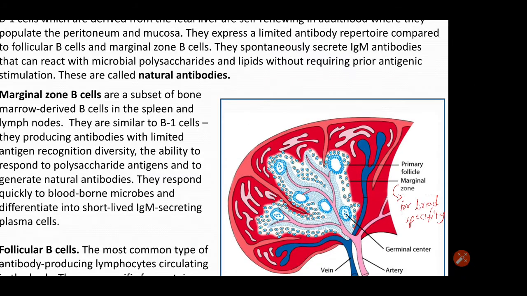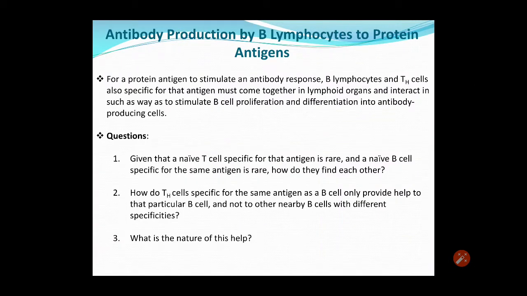Now, so as I said, for B cells, you need T cell help. But now we have a problem in the body, because remember, when a T helper cell exits the thymus as a naive cell, it's specific for a particular antigen.